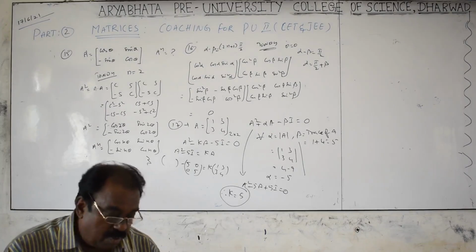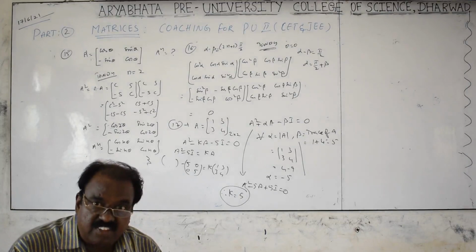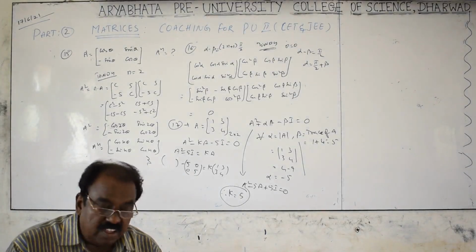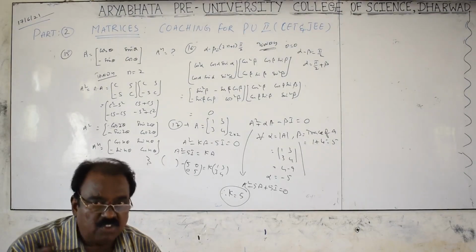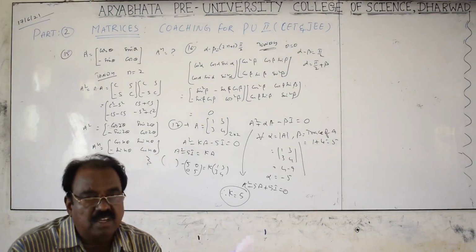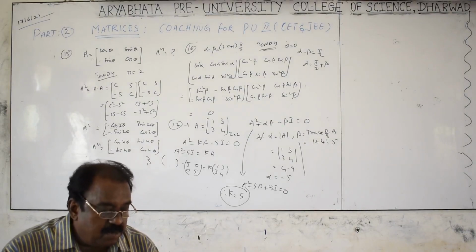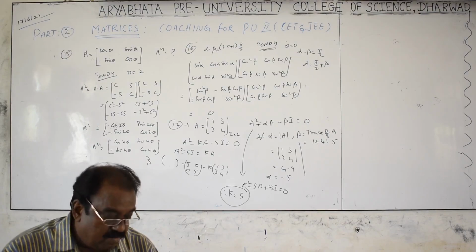Remember it. A plus B, that means addition of matrices, is defined means the orders of A and B must be the same. Otherwise, we cannot add the two matrices. So here A plus B is defined means A and B have the same order.